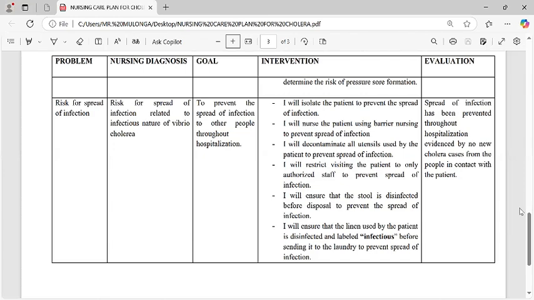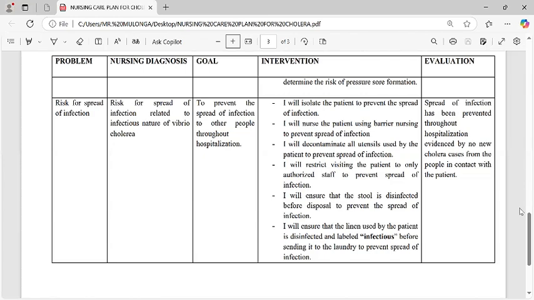The other point is I will disinfect, decontaminate all utensils used by the patient to prevent the spread of infection. So any utensils that the patient has used, there is need for you to decontaminate them so that the infection will not be spread to other people.